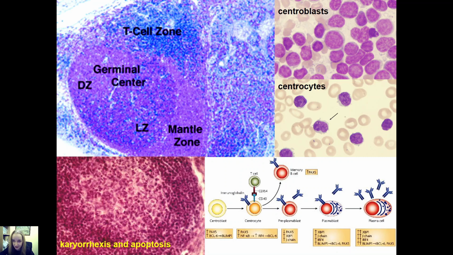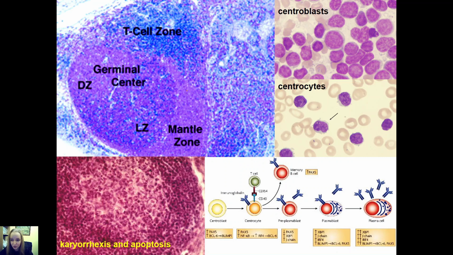Thus, these B lymphocytes begin to multiply. They proliferate and they mutate. They are recombining genes. There is a recombination of genes going on here, and they create several versions of themselves.